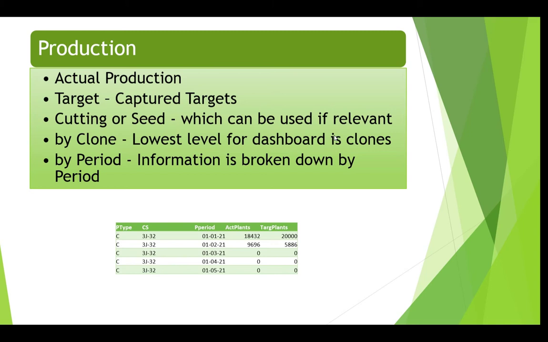We also allowed an additional switch so that you can split cuttings and seeds if you want, and the report is basically by clone and by period. So this will show you how many cuttings of a certain clone you have done, or seeds for that matter, and have you met targets. Okay.